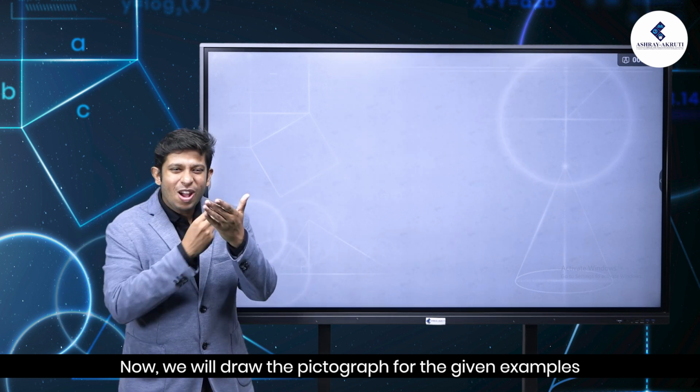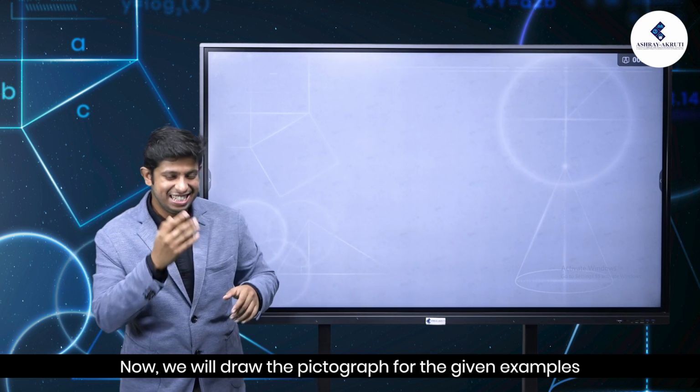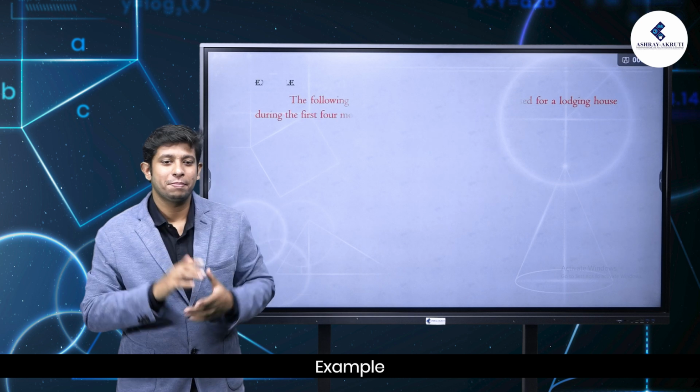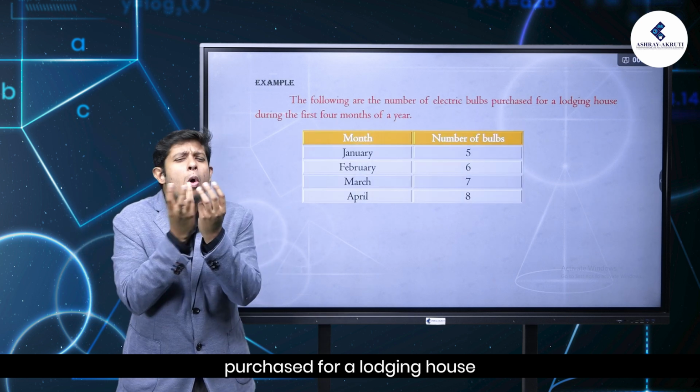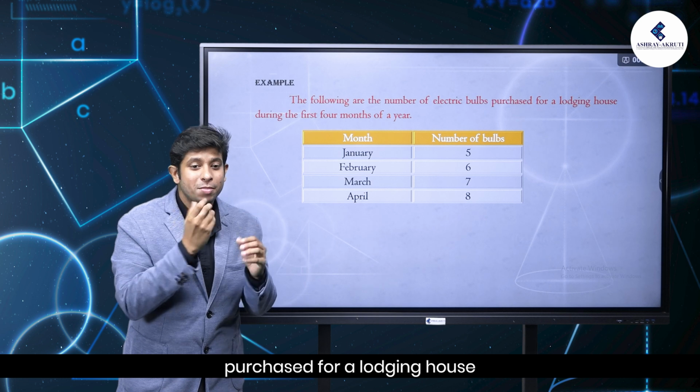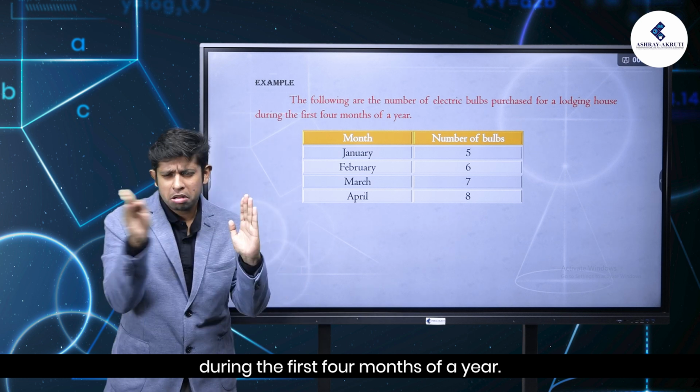Now we will draw the pictograph for the given examples. Example: the following are the number of electric bulbs purchased for a lodging house during the first 4 months of a year.